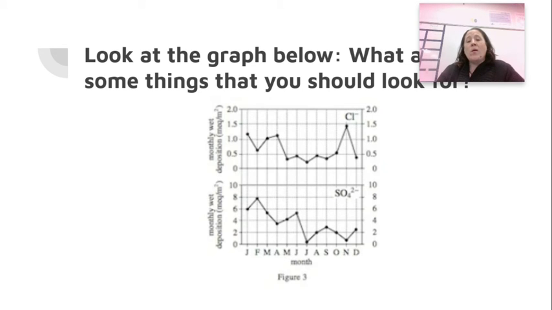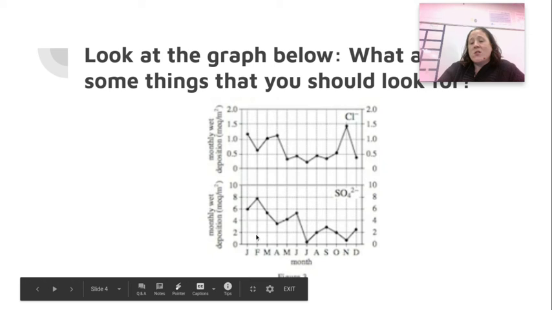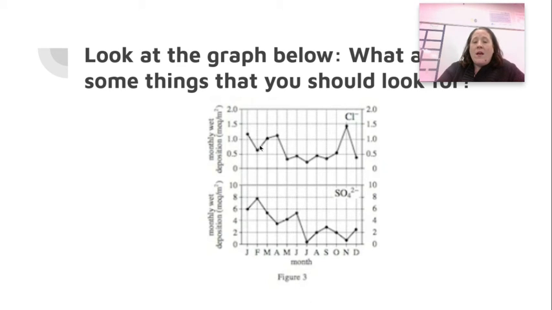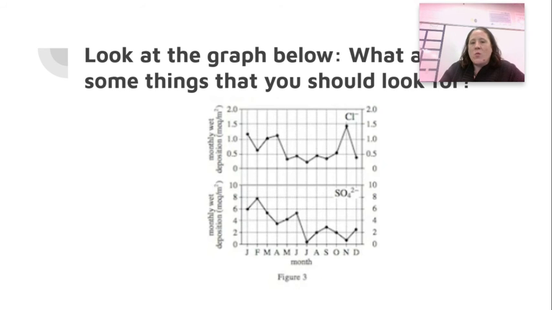So again, you want to look at the numbers along the y-axis. You want to look at what is being shown, and we can see, okay, in February, chlorine decreased, but sulfur SO4 increased. We see that they did not increase and decrease at the same time. So again, you want to notice what's being plotted on the different X and Y axes.